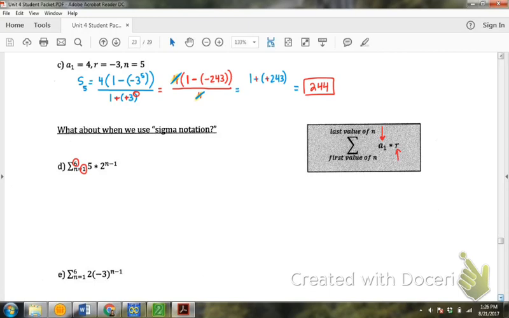If you counted on your fingers 1, 2, 3, 4, 5, 6, you would get 6 terms. Or if you did 6 minus 1 is 5 and you added 1 back in, you're still getting 6. So our N value here is 6. If we look at this again, what's your A1 value? 5.